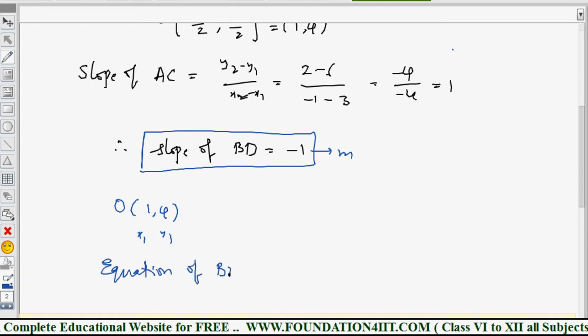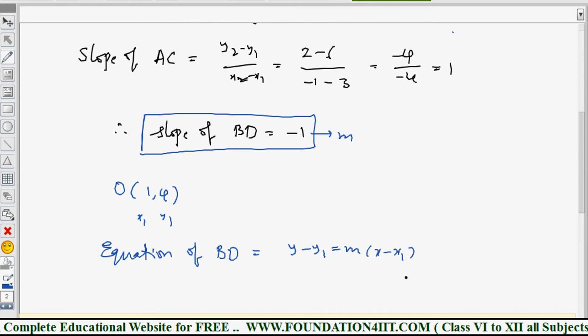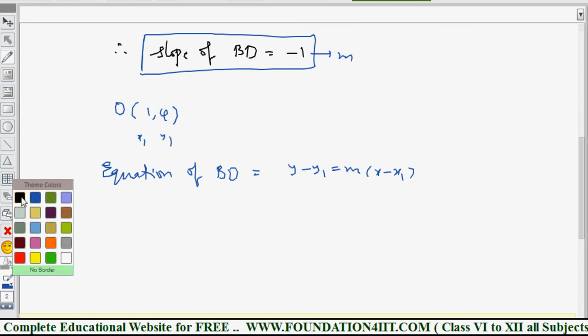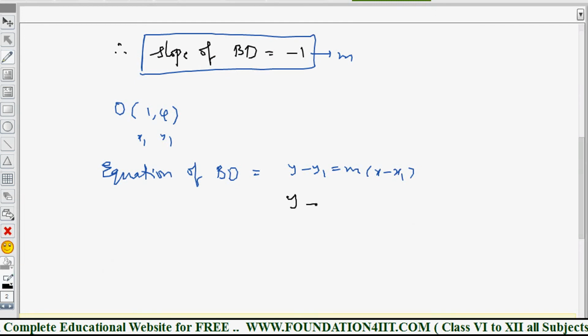Then we can find the equation of BD. The slope point form is y minus y1 is equal to m into x minus x1. So this formula will apply. Then y minus y1, that is 4, and slope is minus 1, x minus x1, that is 1. We will simplify this.